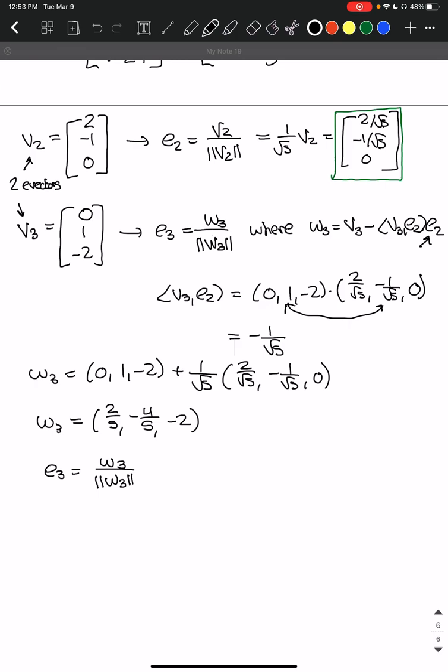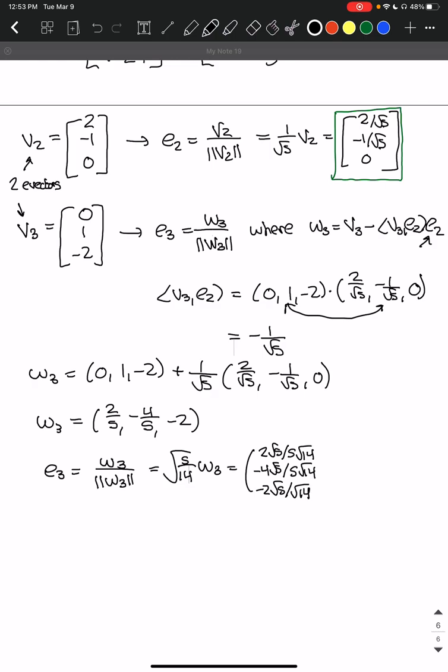So I have root 5 over 14 times W3, which is equal to, again, not super fun, 2 root 5 over 5 root 14, minus 4 root 5 over 5 root 14, and minus 2 root 5 over root 14.